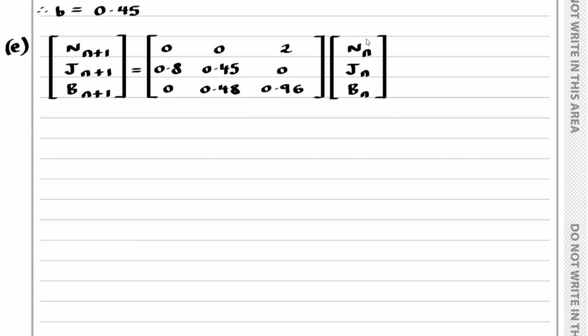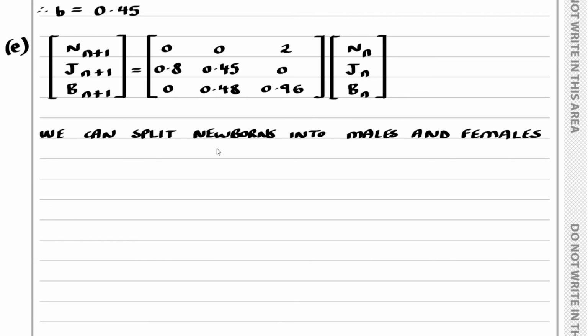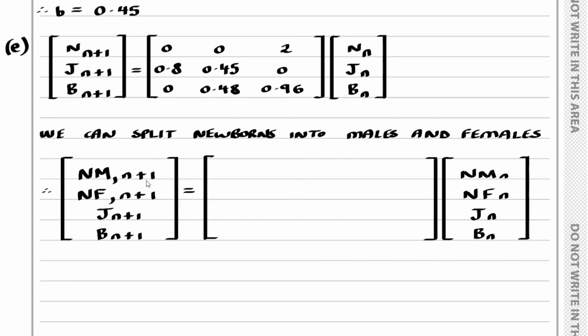But what's happening is we're now splitting this n up into males and females. So because we're splitting the newborns into males and females, we can have a 4 by 4 matrix shown here. We've got newborn males n plus 1, newborn females n plus 1, juveniles n plus 1, and breeders n plus 1 equals some 4 by 4 matrix.